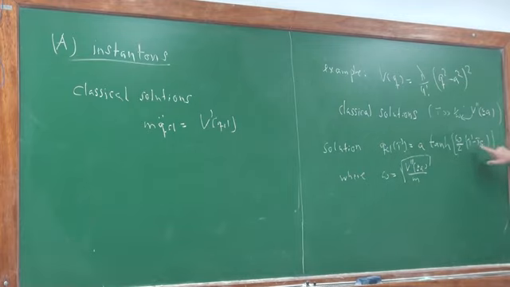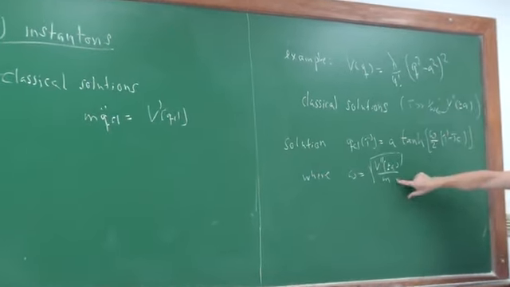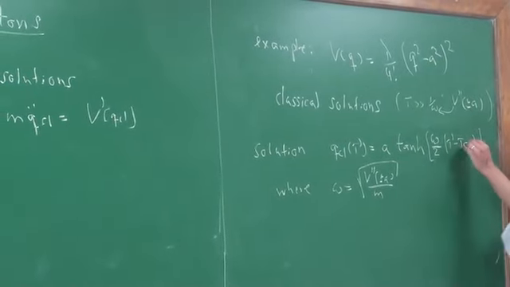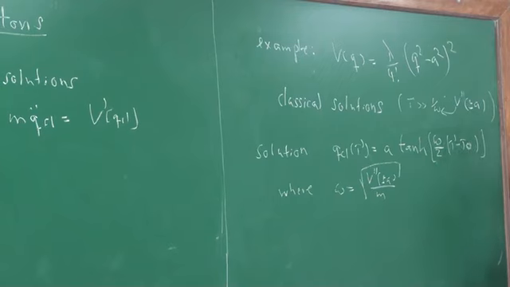This depends on tau prime. Omega is fixed by the curvature of the potential close to the maxima. And we have some free parameter which I call tau 0.